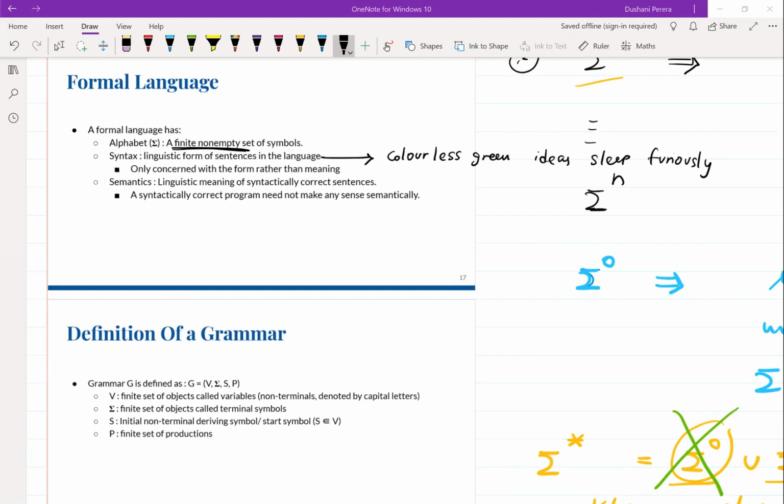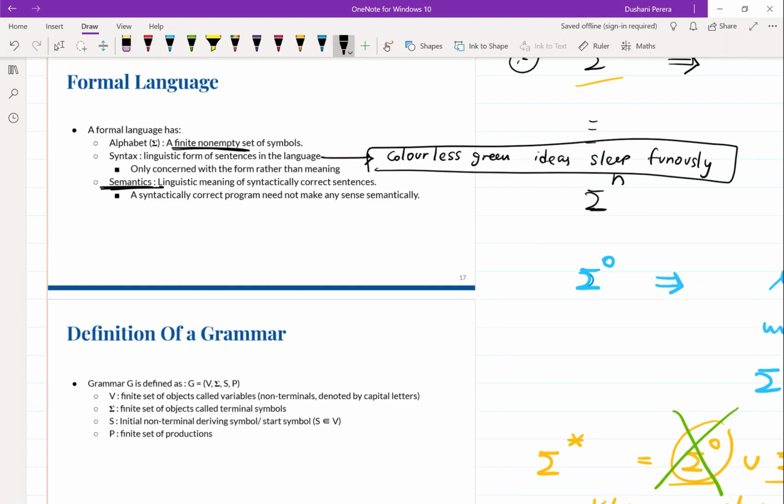Syntax only focuses on the form of the set of words or strings, and not the meaning. Whereas semantics, which is the next one, is concerned about the linguistic meaning of a sentence. A syntactically correct program might not always be semantically correct, just like the example that we have written over here.